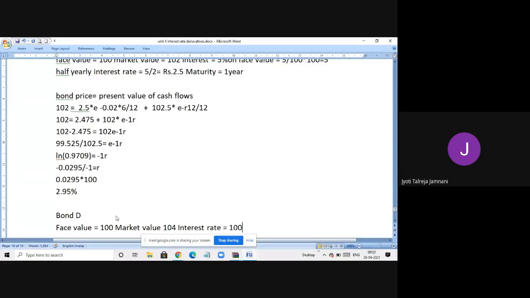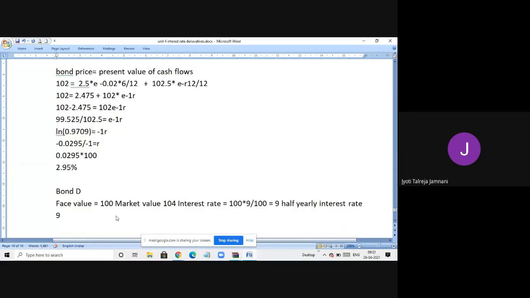So on the face value of 100 rupees, 9% is equal to 9 rupees. We need the half yearly interest rate because we pay the coupon every half year. So 9 divided by 2 gives the half yearly rate, which is 4.5.